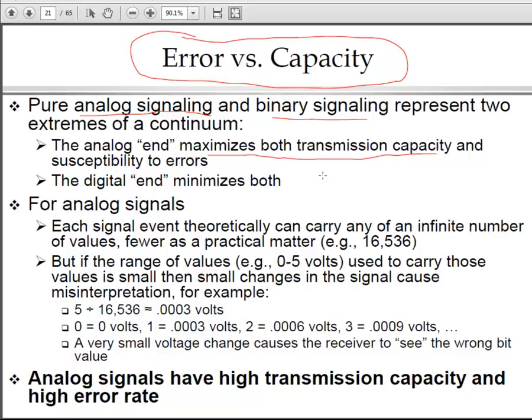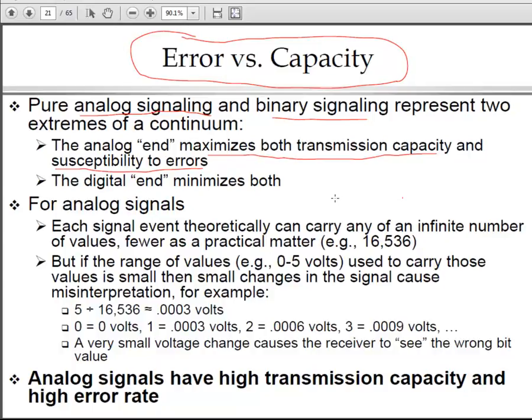But because each tiny little difference means something, any change in the signal whatsoever, the slightest rise or fall in voltage, the slightest shift in phase as it moves down, the slightest shift in frequency as, say, the radio wave moves through the atmosphere or moves through space, that generates an error.